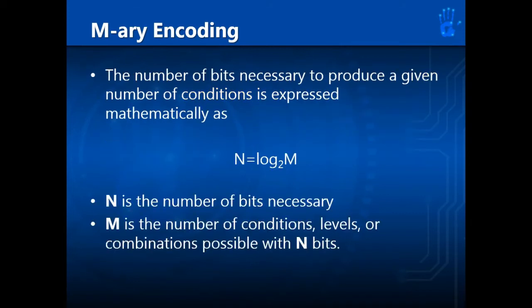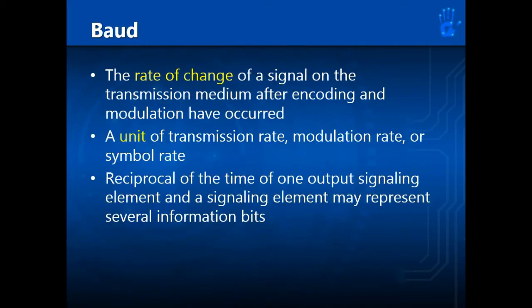The number of bits necessary to produce a given number of conditions is expressed mathematically as n equals log base 2 of M, wherein n is the number of bits necessary and M is the number of conditions, levels, or combinations possible with n number of bits.